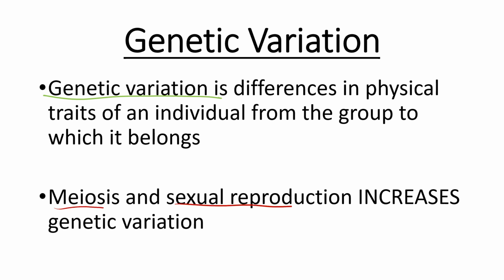Meiosis and sexual reproduction increase this genetic variation, which we know actually increases the survivability of a species. The more genetic variation a species has, the better off they are at surviving. So for instance, cheetahs have very, very little genetic variation.